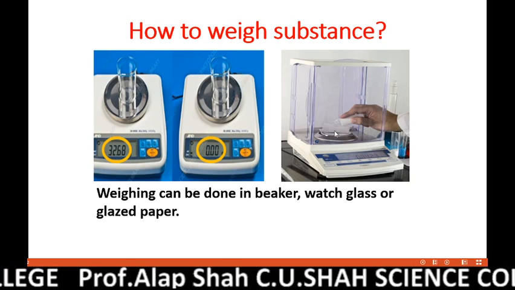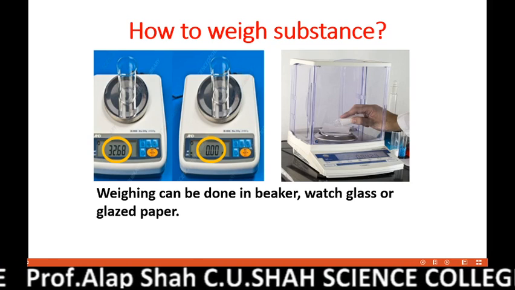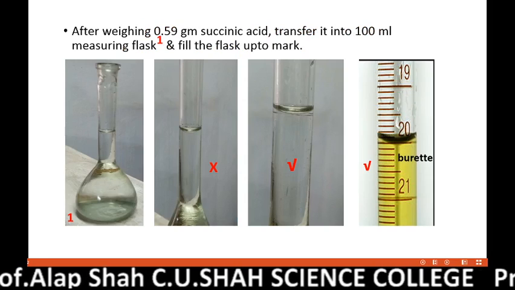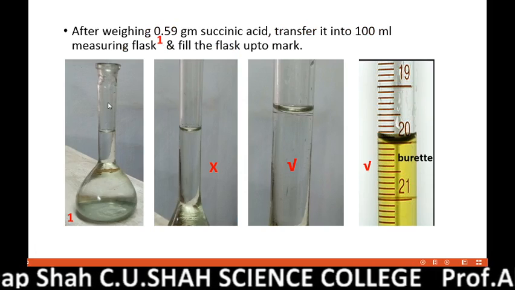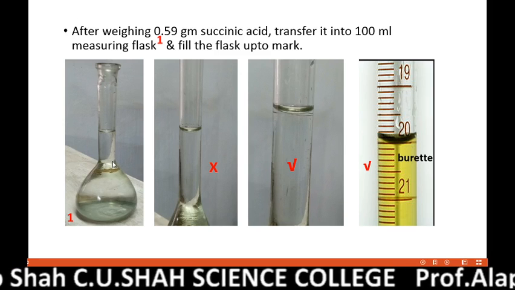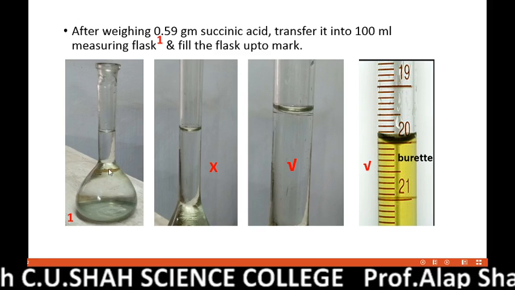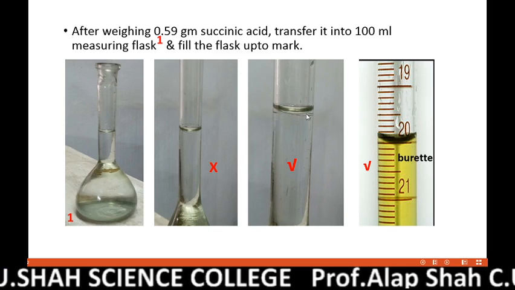Now we have to dissolve this. After weighing the substance, we have to dissolve it in 100 ml distilled water. For that, this kind of measuring flask is used, as shown in this figure. Always, in this measuring flask, a mark is given. In this figure this portion is zoomed. Here you can see the mark.